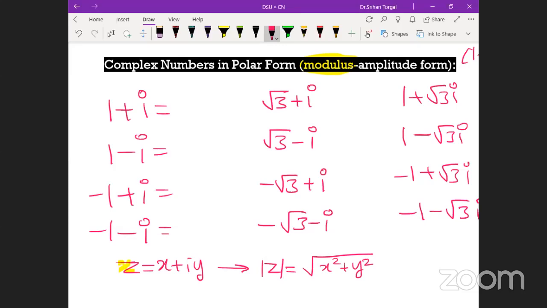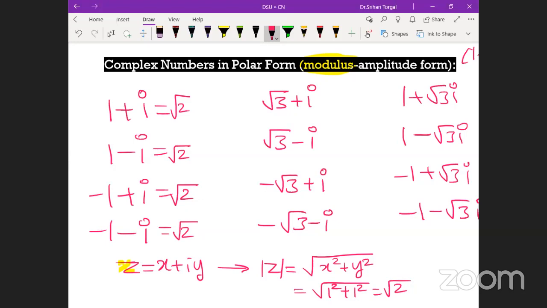So the modulus here will be square root of 1 square plus 1 square, which is equal to root 2.